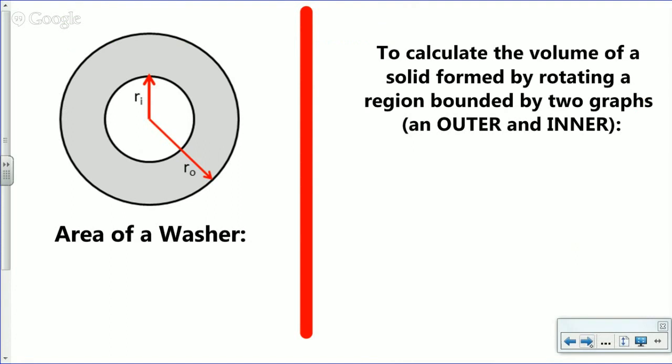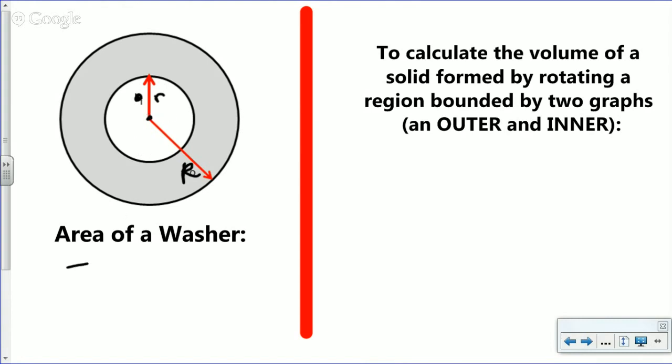All right, so let's take a look at the area of a washer. So let's say here's my washer. Let's say here's the center. Let's call this, instead of r sub o, capital R for the big radius, and let's call this lowercase r for the little radius. Okay, so the area of a washer, would you agree it's going to be the area of the big circle minus the empty space, minus the area of the small circle?